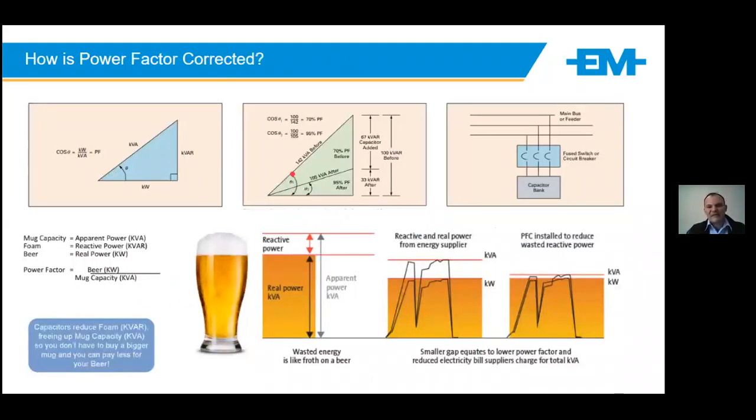How is power factor corrected? We will stick to our beer analogy. As we said, kilowatt over kVA gives us our power factor number. Let's call this the cos phi, and it's this angle we see here.